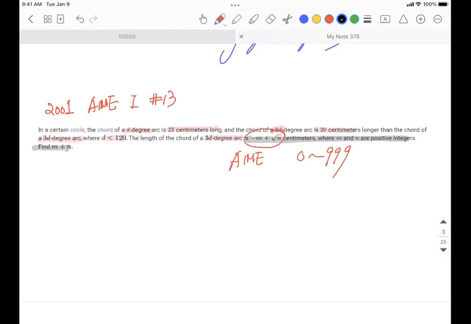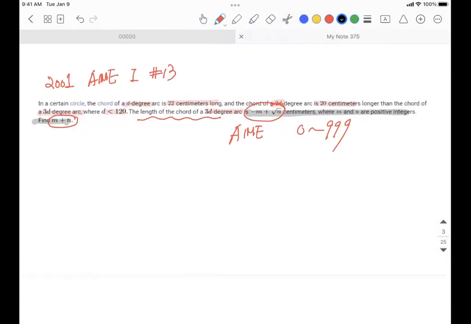A weird answer with a square root, the computer can't read. So they make it into simplified forms and add those numbers together, to generate a number from 0 to 999. But long story short, the question wants to know the length of my chord facing a 3d degree arc.